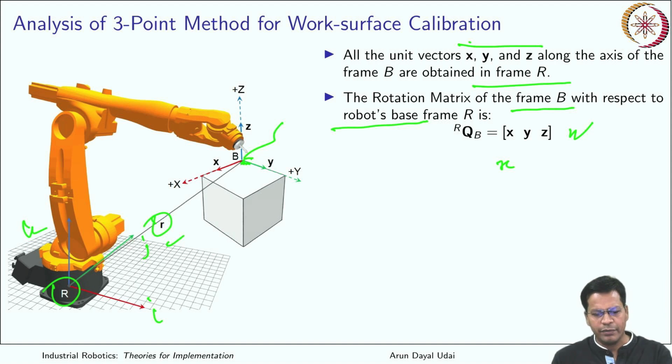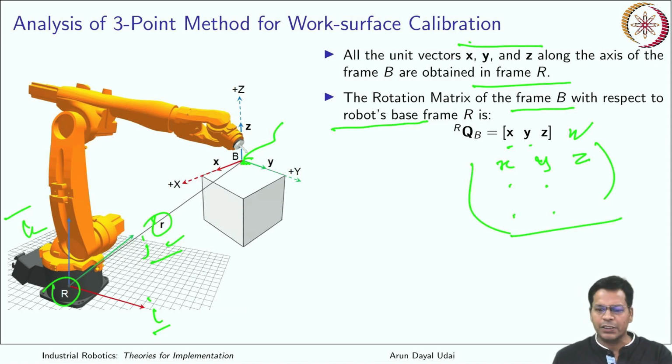You will get this, this and this column, and similarly the projections of y will go here, and the projections of z will go here. All together it makes a rotation matrix.